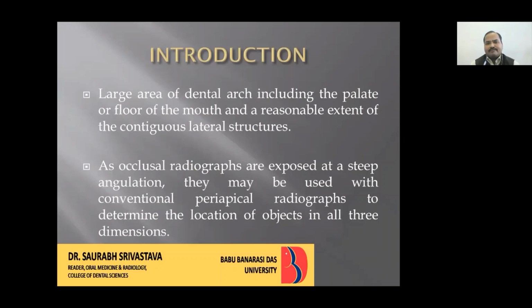So the occlusal radiographic film is much larger than the intraoral film. These radiographs are taken at a steep angulation, so they can be used with conventional periapical films for object localization also.